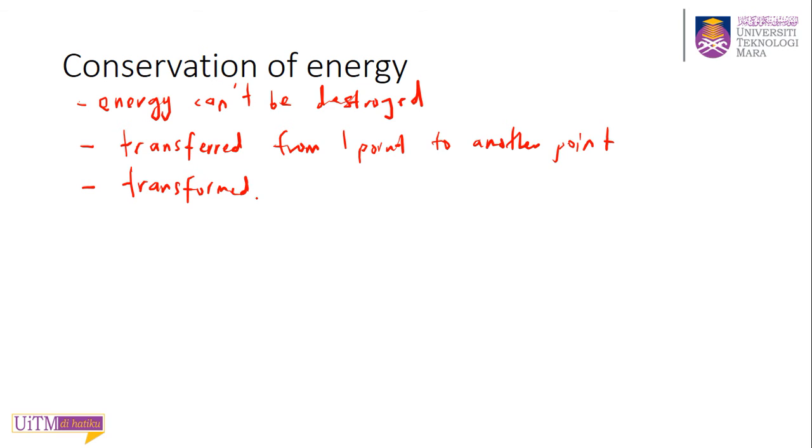So the energy from this battery, the chemical energy, is transformed to the electrical energy. So that's the three things that you need to remember. Energy cannot be destroyed, but it can transfer from one point to another point and transform from one type of energy to another type of energy. So that's the conservation of energy lah. I think it's quite basic.